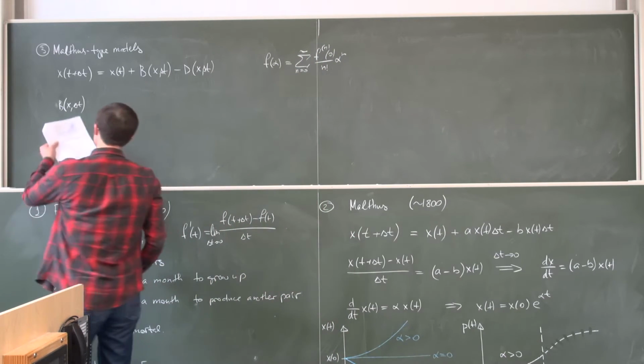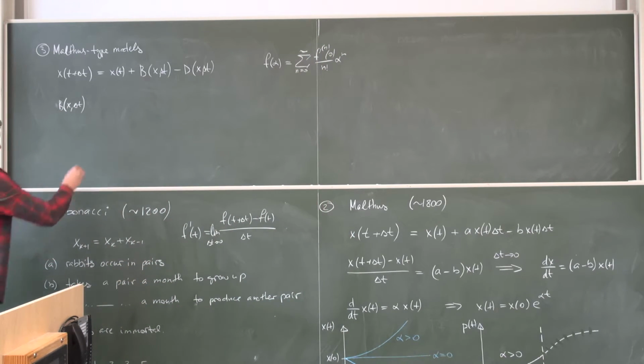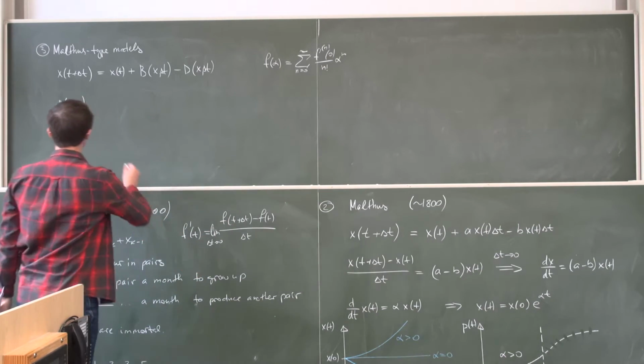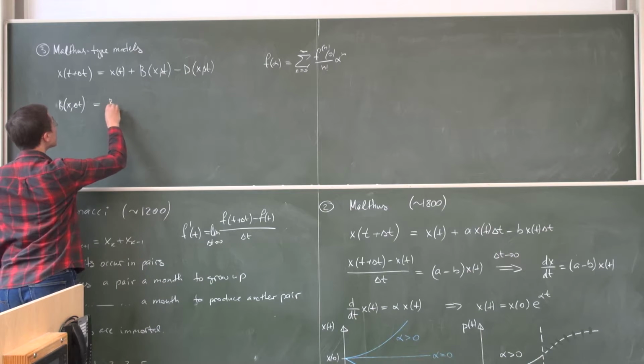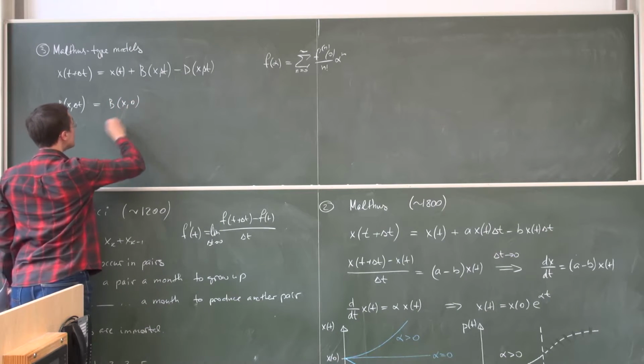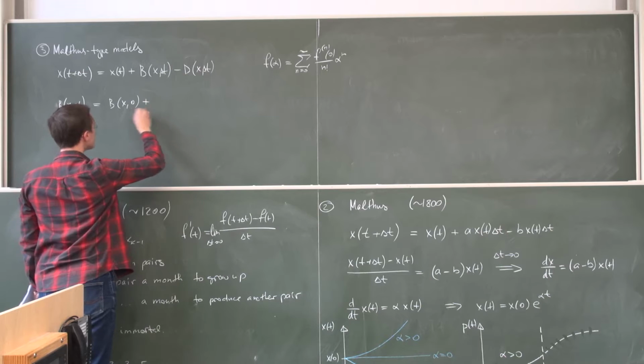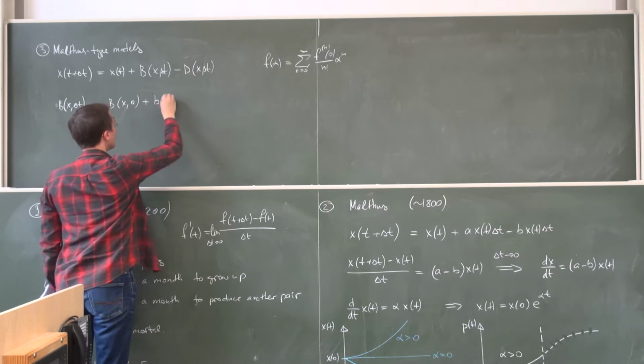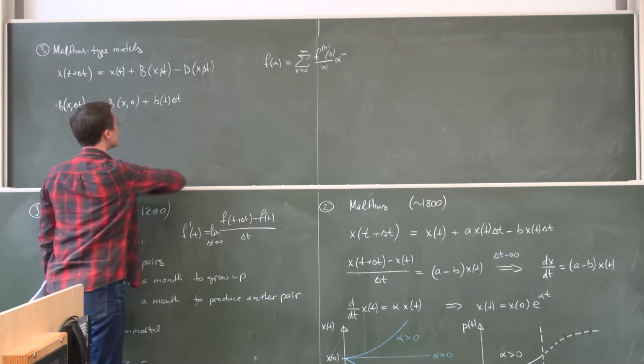So in our case, the small parameter is t, and we will take this series only to the second term. So we will say that this is b of x, 0 plus the derivative dB by d time, which we will call b of t, times delta t.